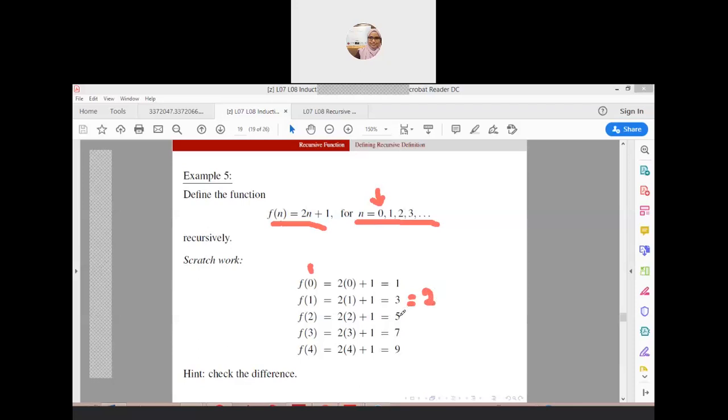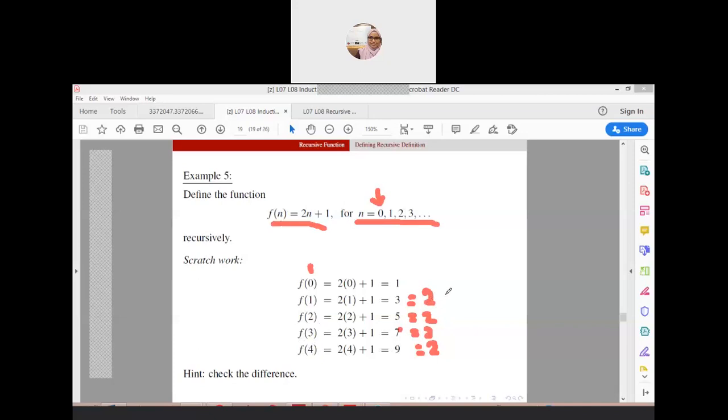Okay, so 5 minus 3 is 2 also. 7 minus 5 is 2. And 9 minus 7 is also 2. So if we find until f(4), we already know the pattern.